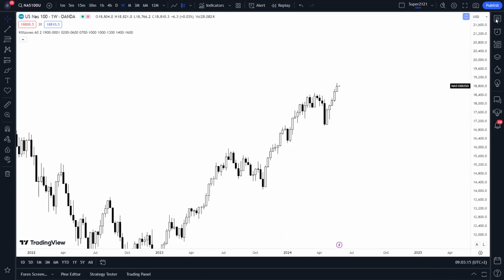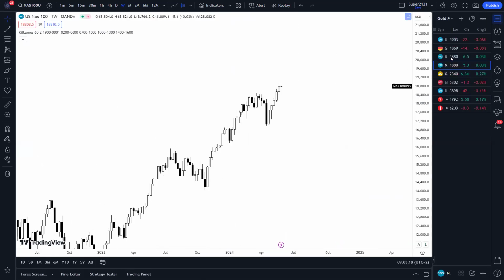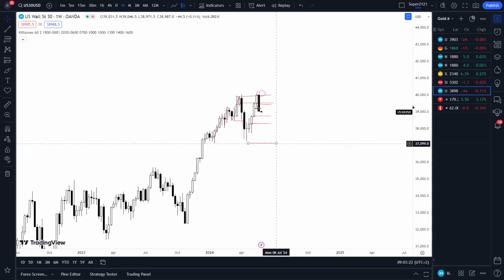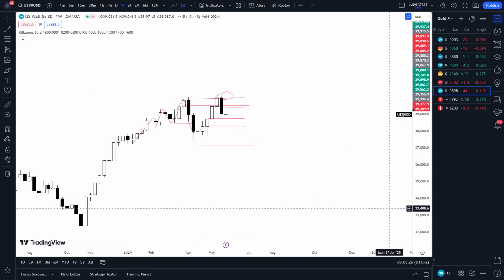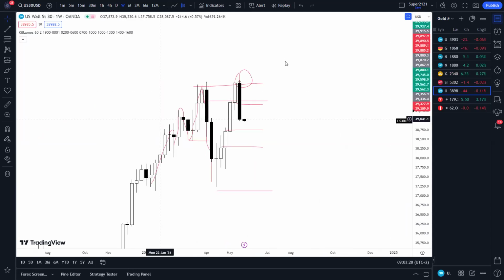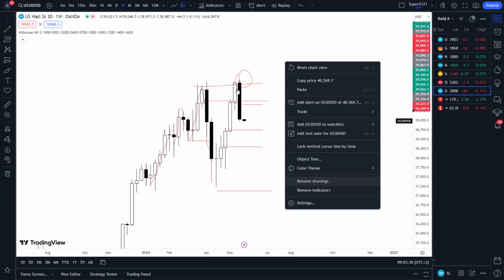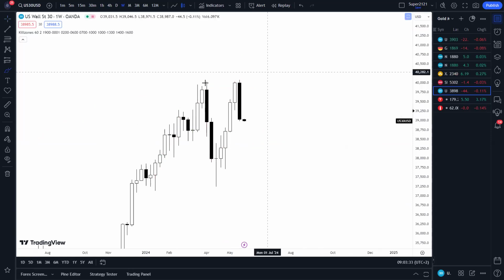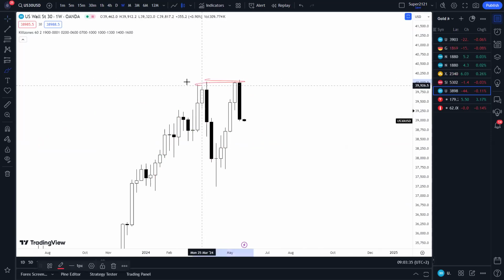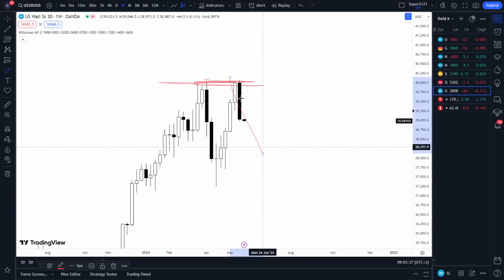The only one that gave us a little bit of a challenge was US30. It gave us that, but it makes sense why, because they took that high. Obviously, when they took that high, we are looking for a pullback.